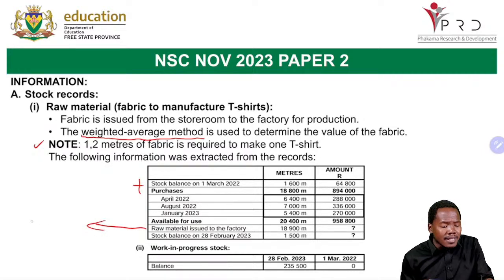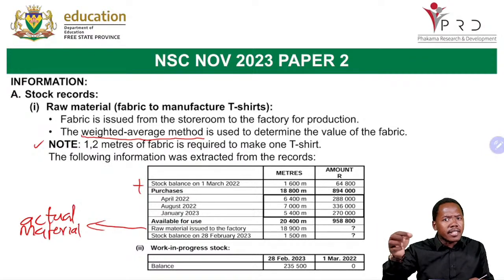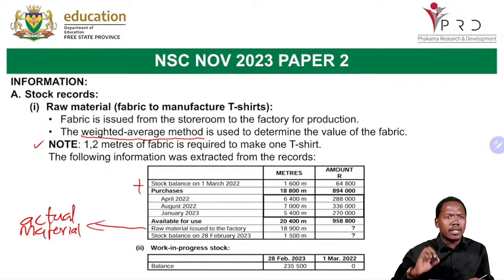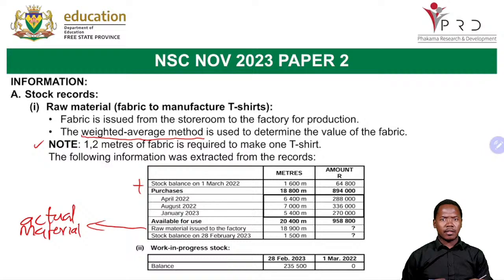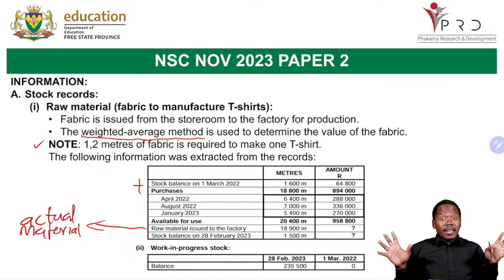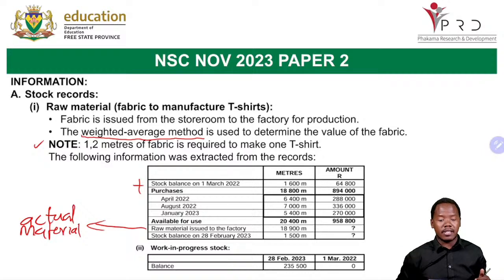It means this is the actual material we have distributed to where they are producing, to the production room. It is up to them now whether they utilize that material efficiently or they just waste the material. So we are going to find out later what happened.